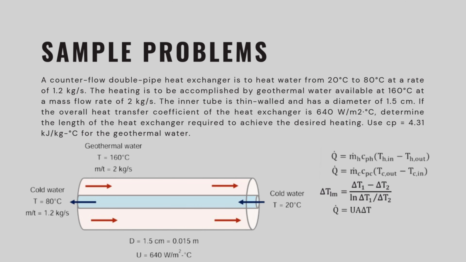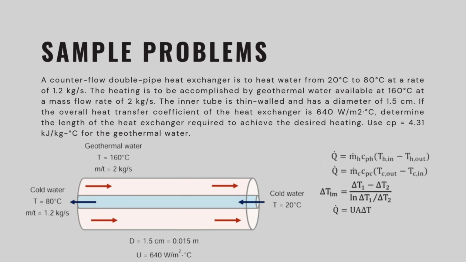Alright, let's take a look first at our required value, which is the length of the heat exchanger. Unfortunately, we don't have a direct formula for that, and looking at our given, we're going to have to take the long way around this one.